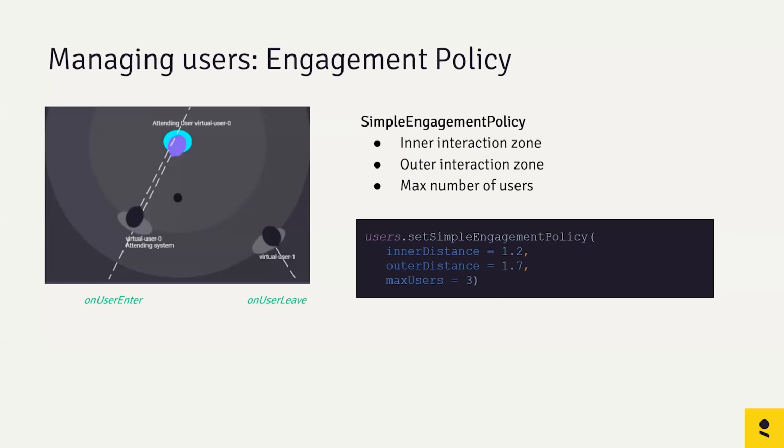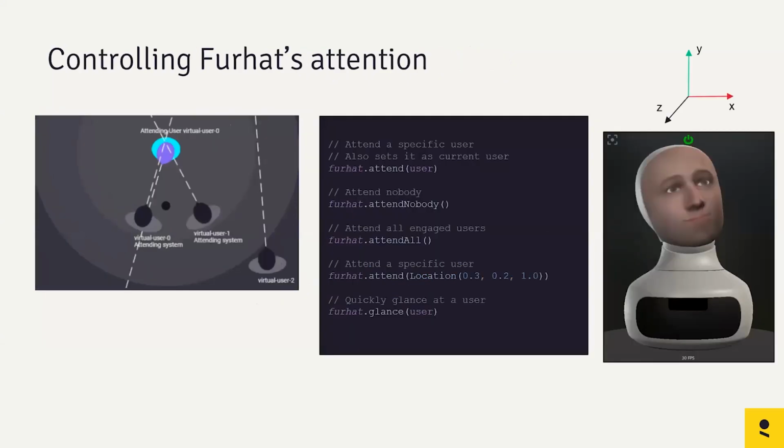And when they leave the outer zone, you also get an event for that, so you can stop interacting with them. And you can also define how many users at the same time will be considered as users. If you're an advanced user, you can define those engagement policies yourself if you have some very special setup for the robot.